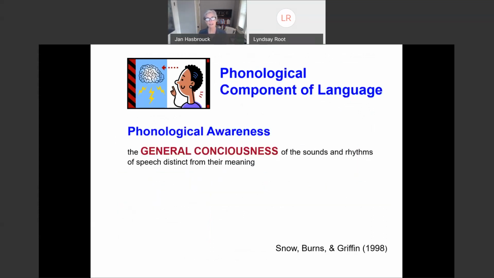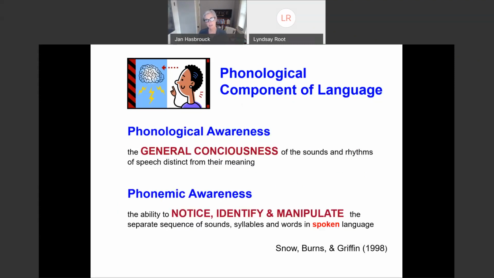And what we mean by that, there are two real components. When you look at the standards or any book on reading, they should talk about phonological awareness as the broader, general concept of sounds and rhythms of speech, whereas phonemic awareness is more discrete and narrow.